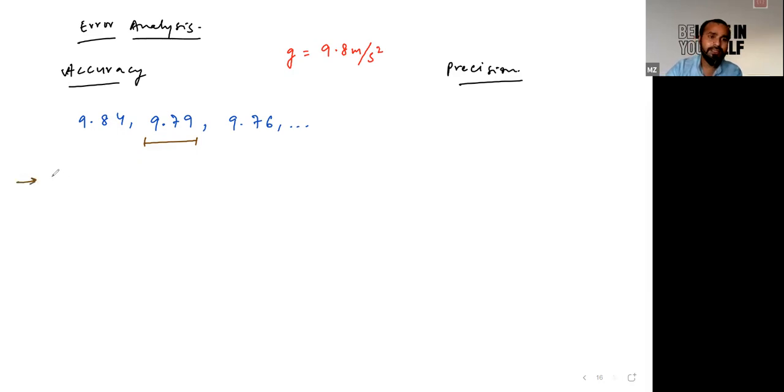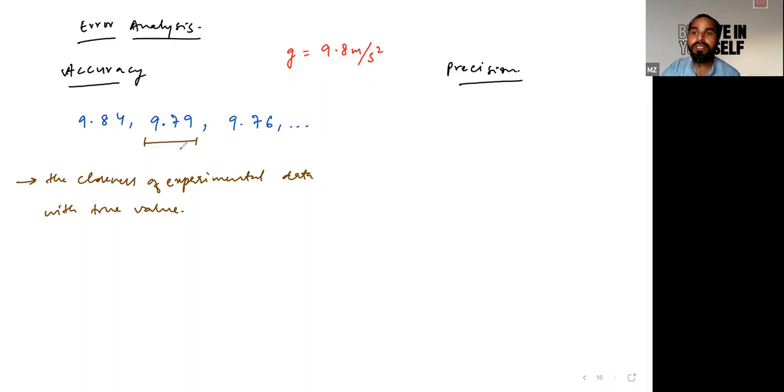So accuracy is nothing but the closeness of any experimental data with the true value or exact value. So we can say 9.79 is the most accurate in all of these experimental results. Is it clear to everyone? What do you mean by accuracy? Yes.